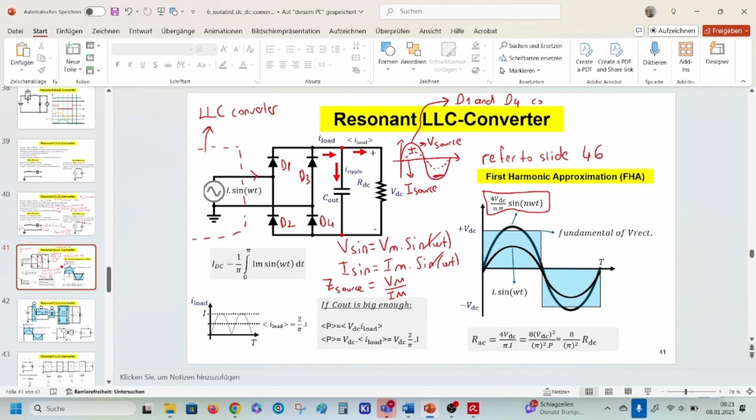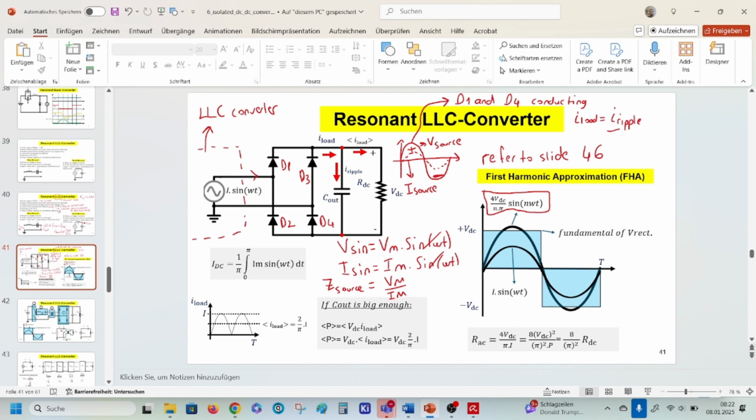They are conducting, they are active, and my load current I load will equal the ripple current.